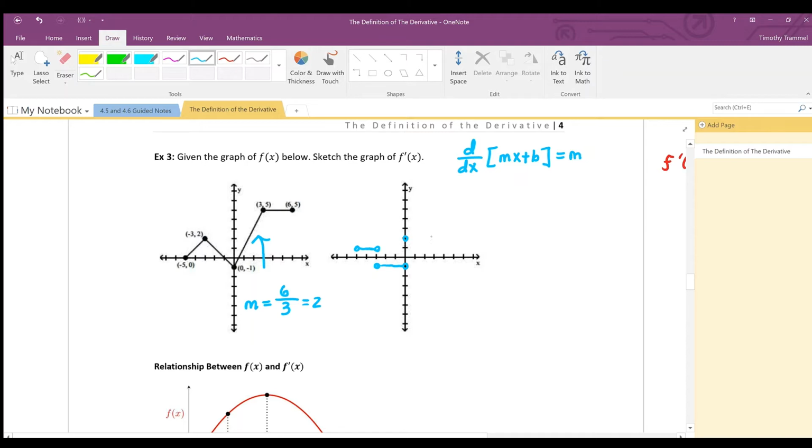And this goes until we hit x equals 3. And then our very last one here, if you were to do the change in y, that'd be 0 over the change in x, which is 3. And 0 over 3 is just 0. And this will go until we hit x equals 6.